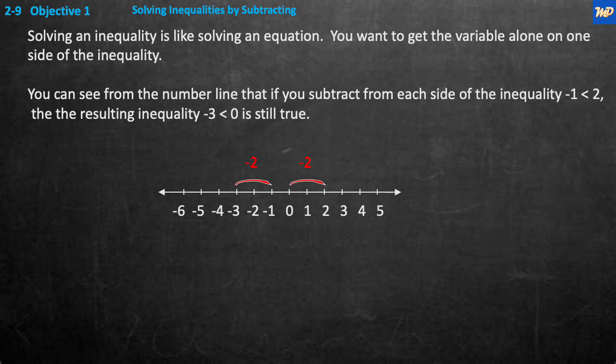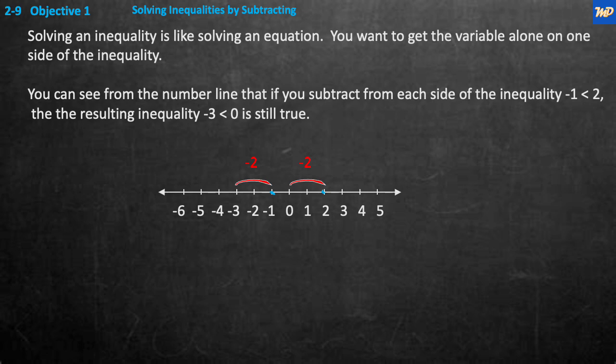So let's look at this. On the number line, we started off with the inequality of -1 less than 2. Here's the -1 right here, and here's the 2. So we're saying that -1 is less than 2, and that's true. If we subtract a given amount from each side, it'll still remain true. So here we'll subtract 2 from each side of this inequality.